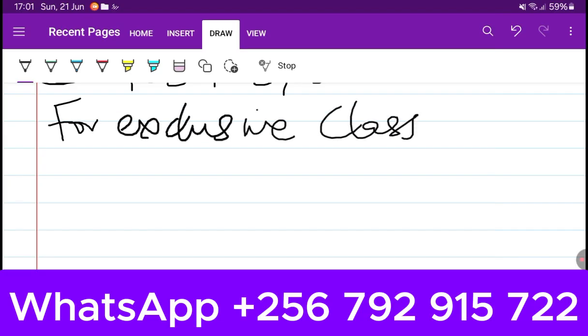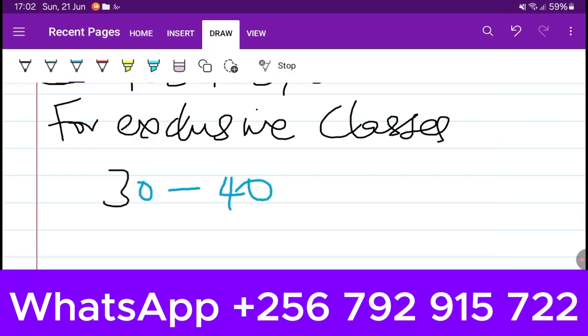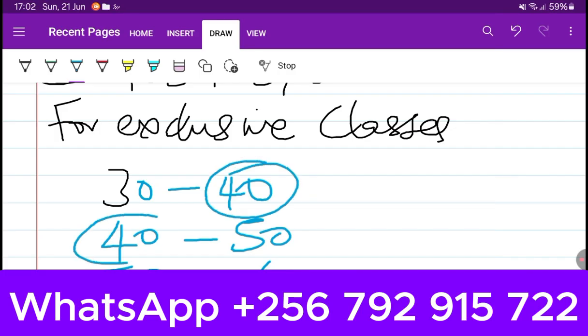If the class is 30 to 40, then 40 to 50, then 50 to 60, between these we don't have any gap. 40 minus 40 gives us 0.